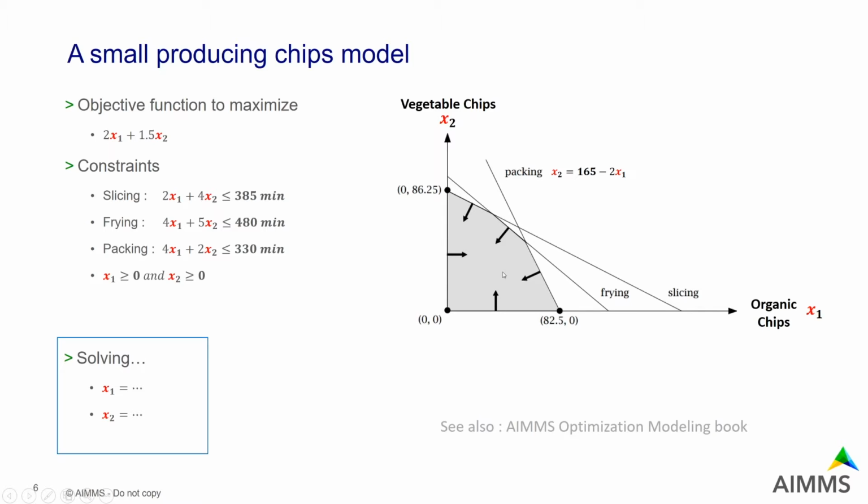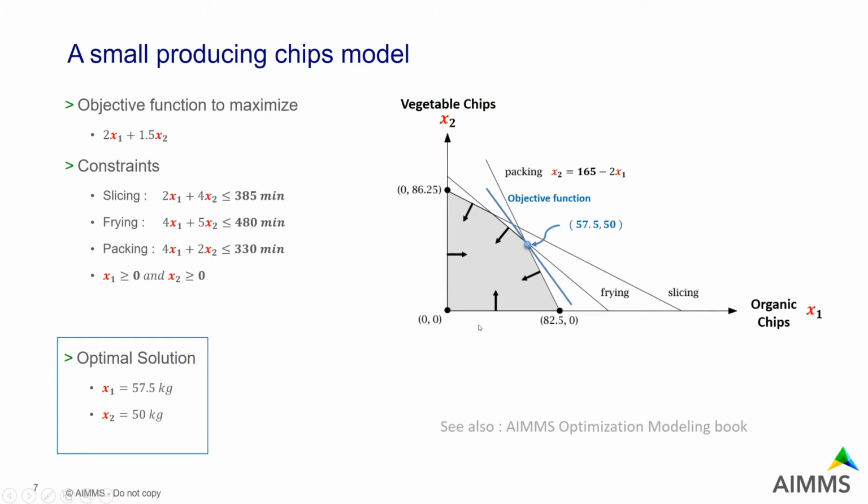But actually the optimal solution is situated on one of those nodes. The lines are basically the constraints, and the slope of those lines are determined by the coefficients of variables, and the value here on the x2 axis is determined somehow by the right-hand side range.